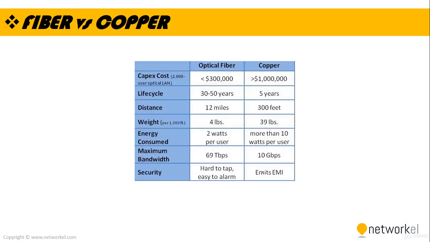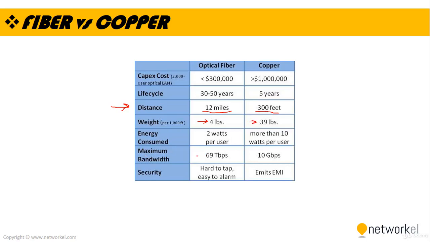And let's compare the fiber optic with the copper cable. As you can see in here, let's take a look at the distance. Optical fiber can provide up to 12 miles, while copper provides communication up to 300 feet. The weight is almost 4 lbs in here, while the copper is 39.